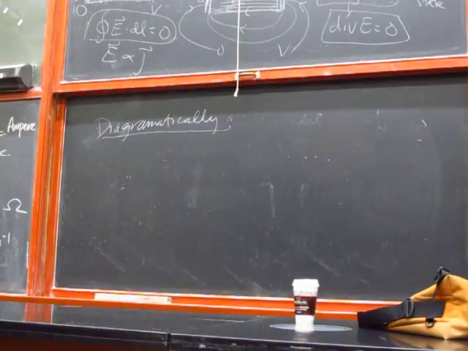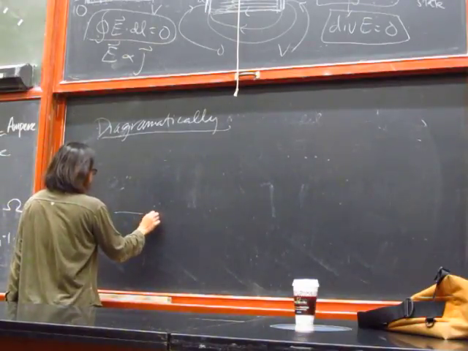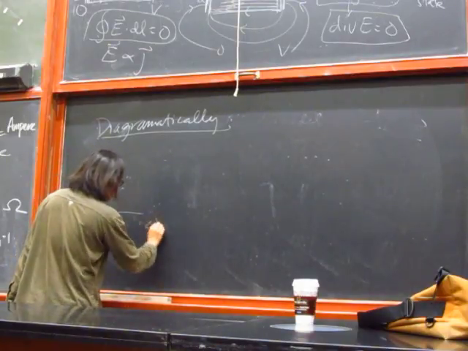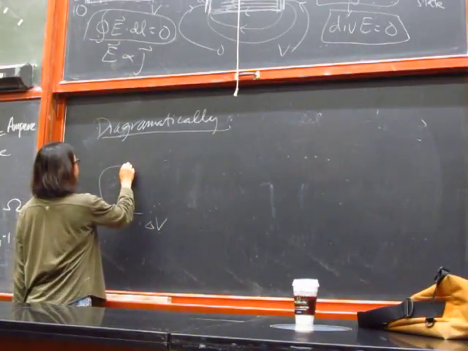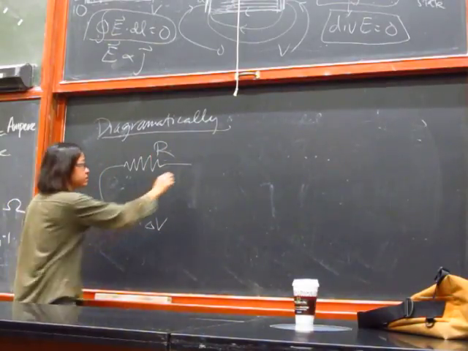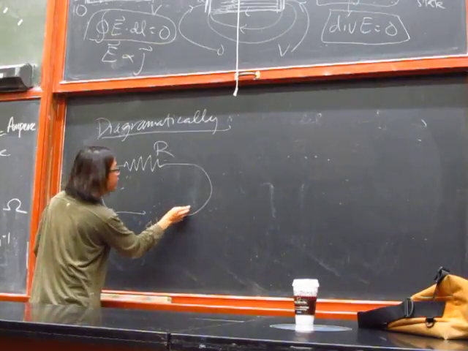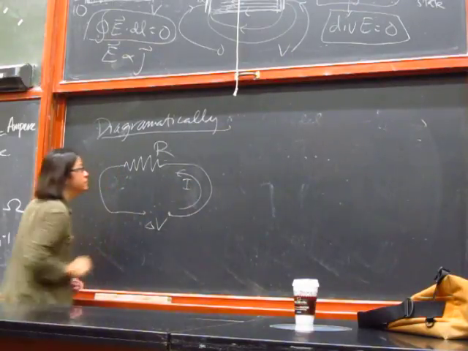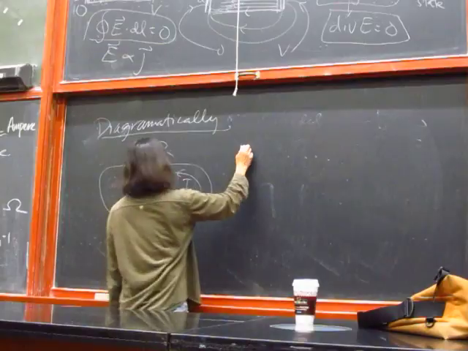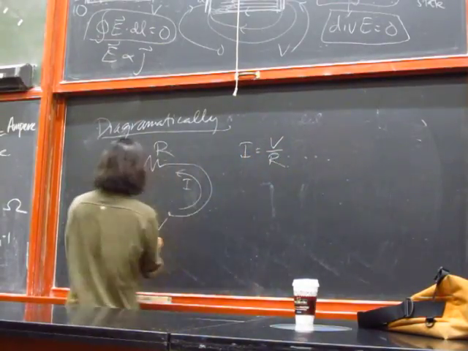I just know that a piece of material has a certain resistance R. Then if I can establish a potential difference V, across this piece of material with resistance R, then current I will flow, and I is just V over R.